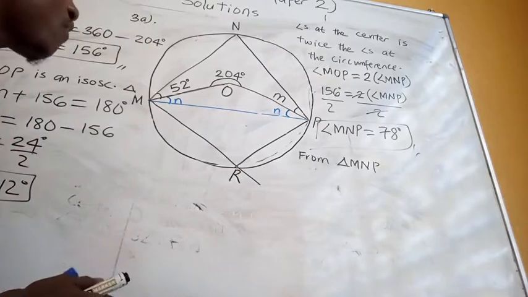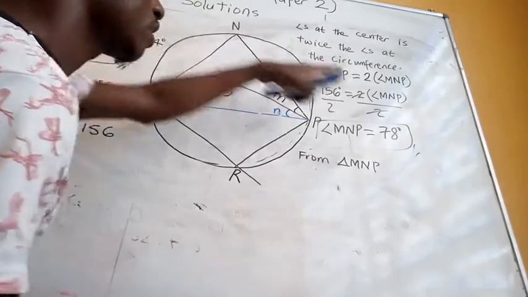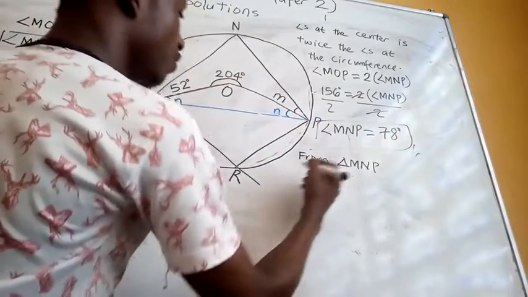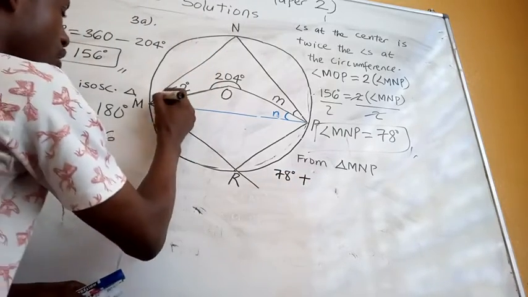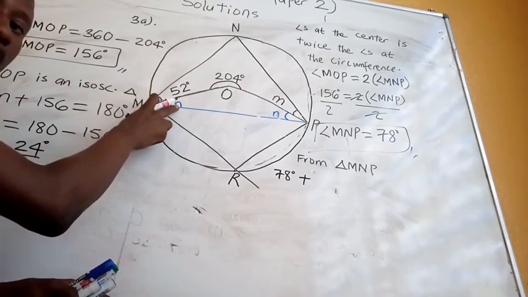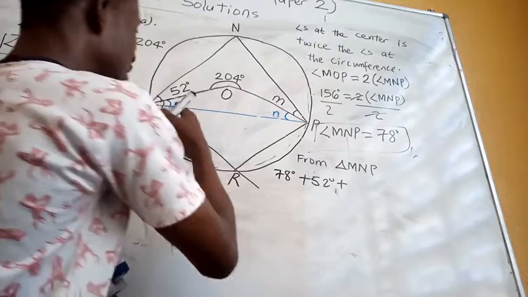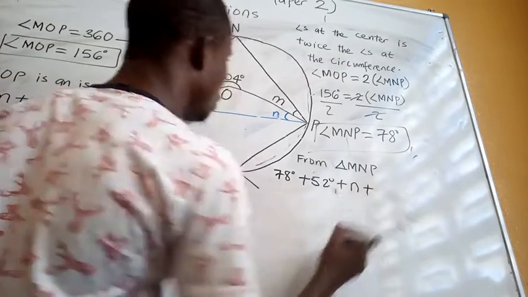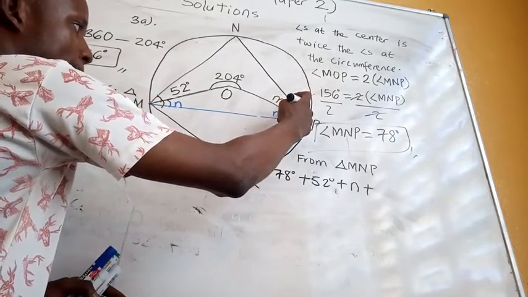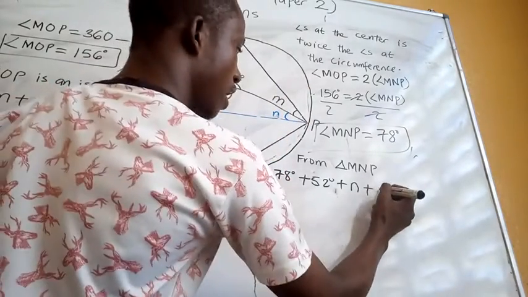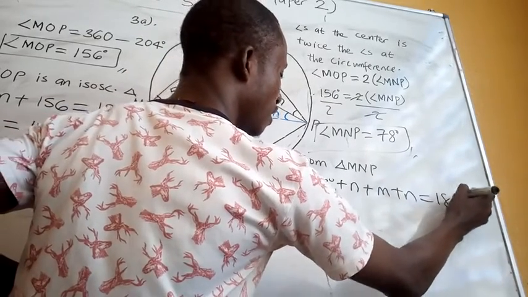So here we have the angle at this point, now calculated as 78 degrees. So we have 78 plus the angle here, 52 degrees, plus angle N. On the right hand side, we also have angle M plus angle N. So we have M plus N, all equal to 180 degrees.